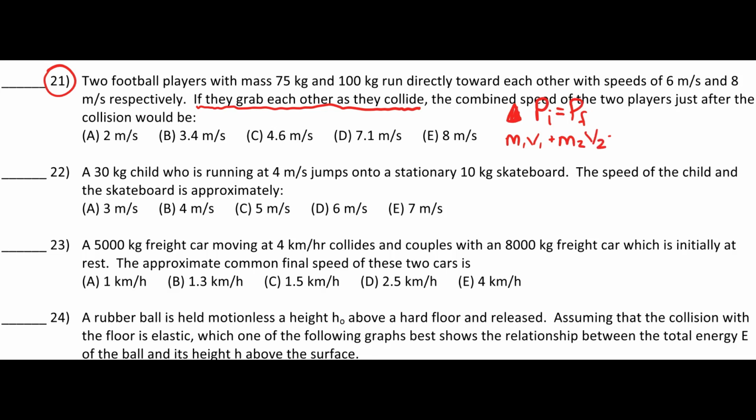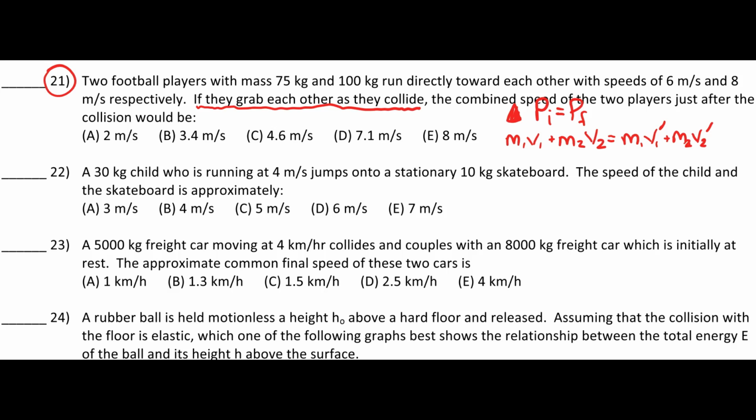And then when they hit and stick together, we know that momentum has to be the same. So I'm going to write it as m1v1 plus m2v2. And I'm going to use this prime next to the velocity variable to remind us that this is the velocity after the event, after they collide.